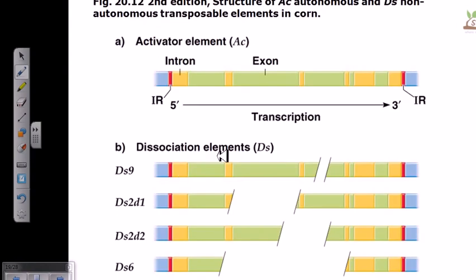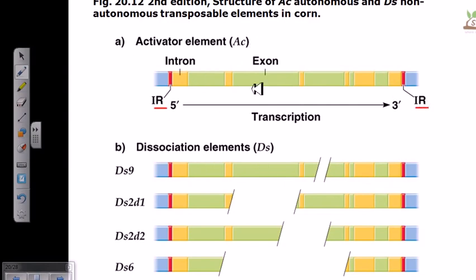Okay, so here is the structure of this activator region as well as the dissociation elements. Now the activator element can consist of exons and introns, because if you're looking at a eukaryotic gene like this corn gene, we can find it. Exons are the important part, introns we don't need because they are not coding for any gene. Exons are coding for genes, and at both ends we have the inverted repeats.